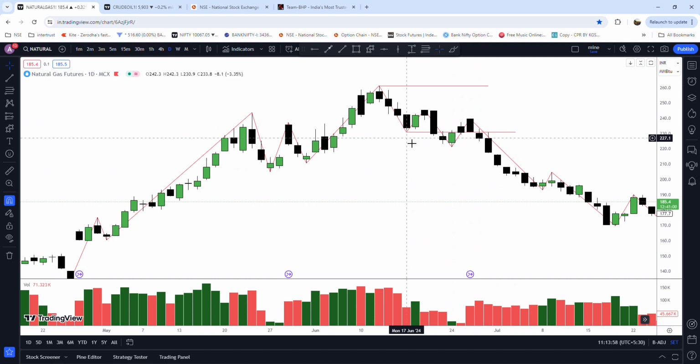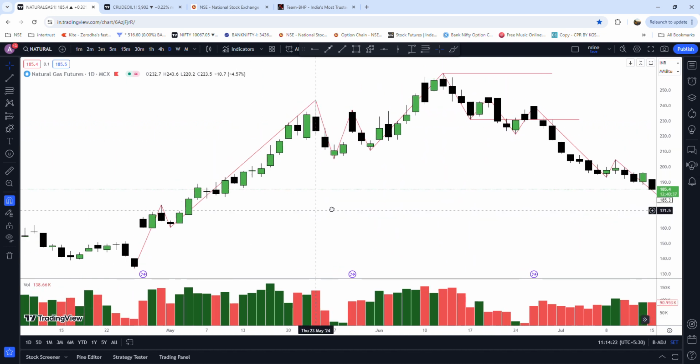See, this was the last low made, this was the last high made. What did the price do? The price tried to go on top, but it came and broke and closed below the last low. So what is the market trying to tell you here? The market here is trying to tell you that, okay, the time of going long is over, because now the price is showing, or rather is indicating, that it wants to move down.